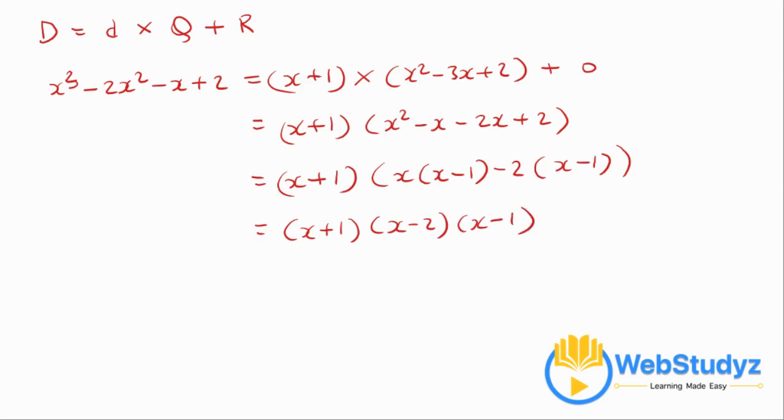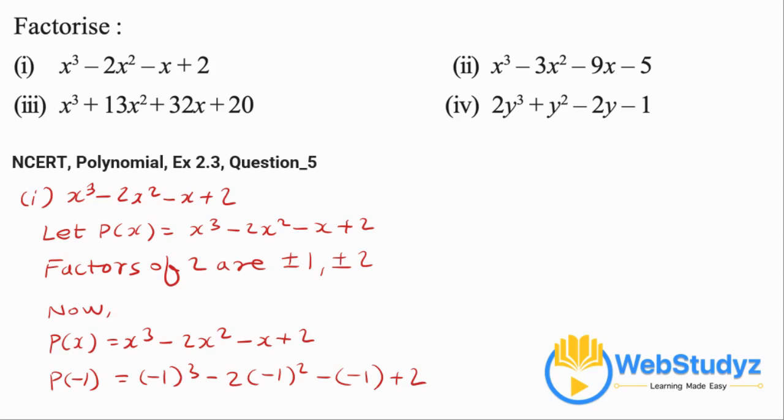Now move on to the second expression, that is x cube minus 3x square minus 9x minus 5. Now let p(x) be equal to x cube minus 3x square minus 9x minus 5.